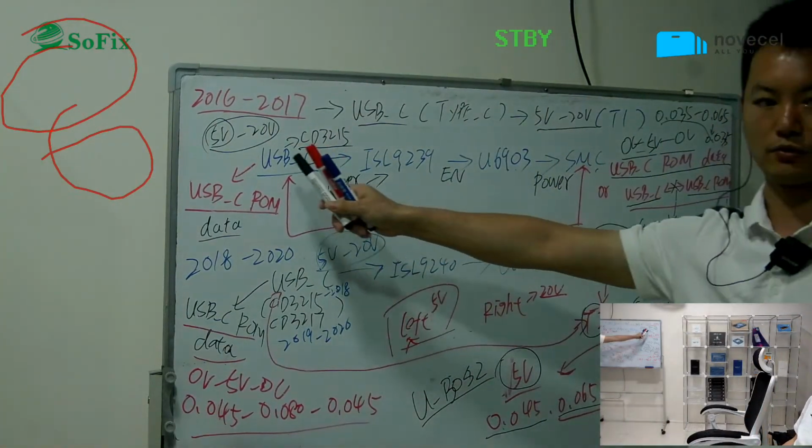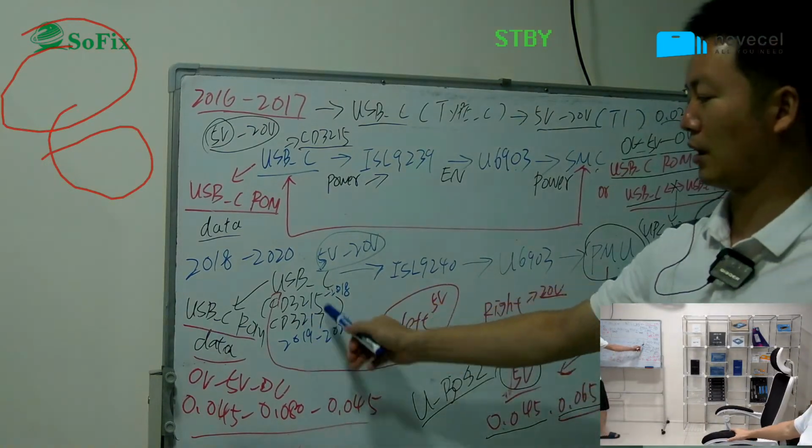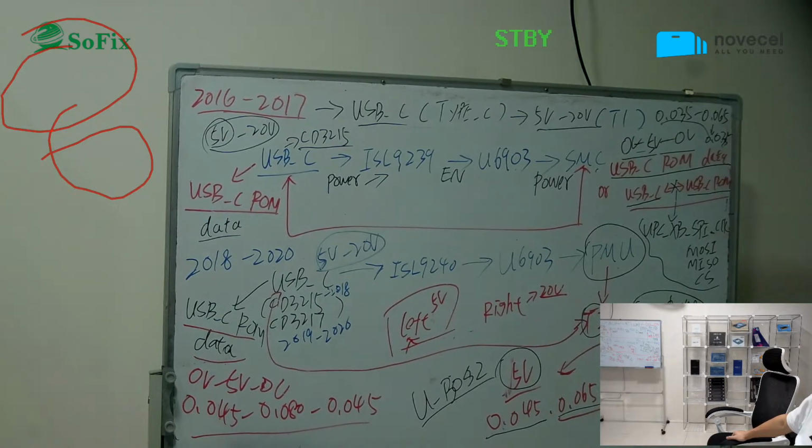Maybe the USB-C chip is damaged, maybe the SMC has the problem. So you match the other problem, but you can write the ROM data first. So this is about the T1 and the T2 firmware and the repair method.